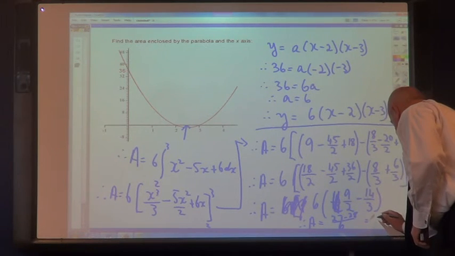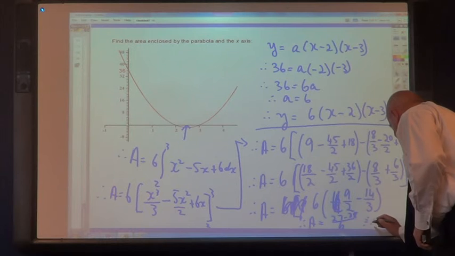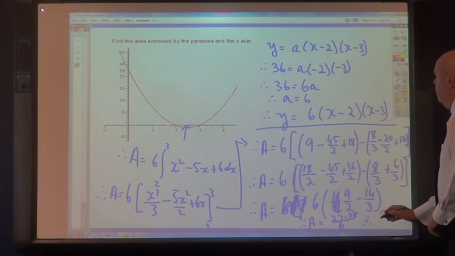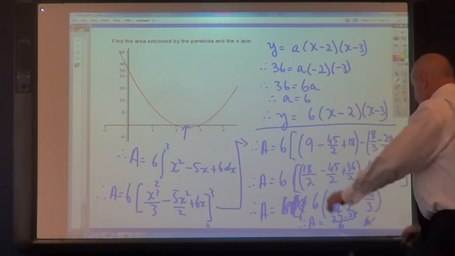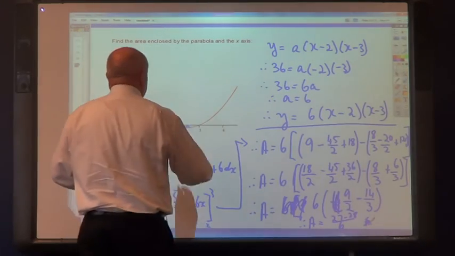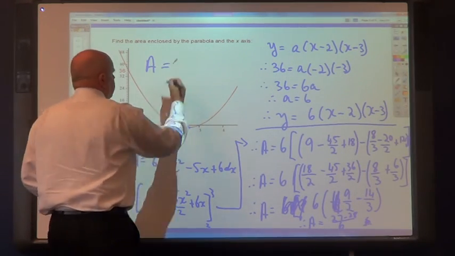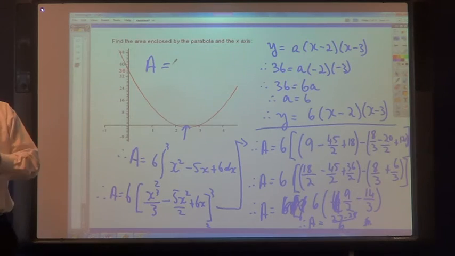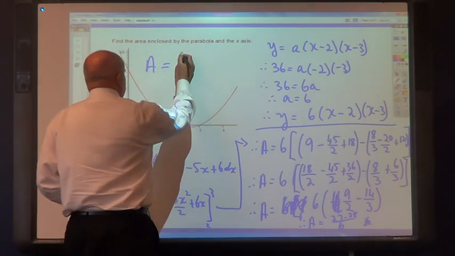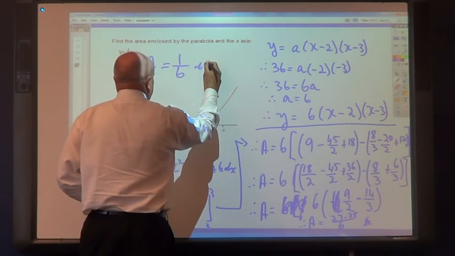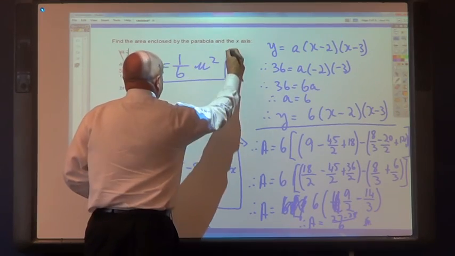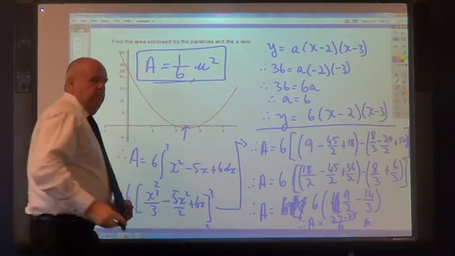And therefore the area is equal to negative 1 over 6, except we don't talk about negative areas, so it's going to be 1/6 unit squared. And that's our answer to that problem.